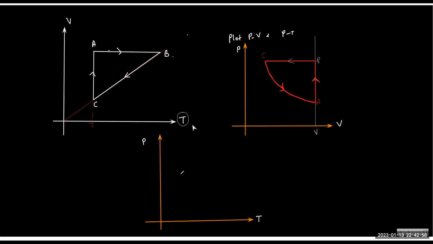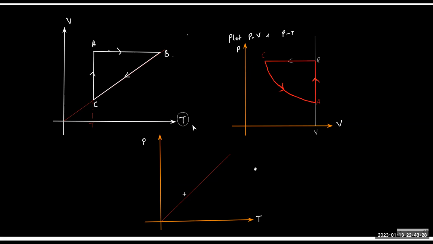In PT also the isochore will go from the origin. So I think you can draw one line because we have only one isochoric process. And the rest you can draw. So I think isochoric is A to B. And when you go from A to B, the temperature must increase, right?